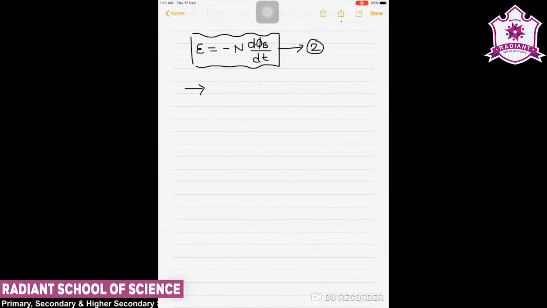So how can we change the flux? How may flux vary? This is our question. So how can we change the flux?